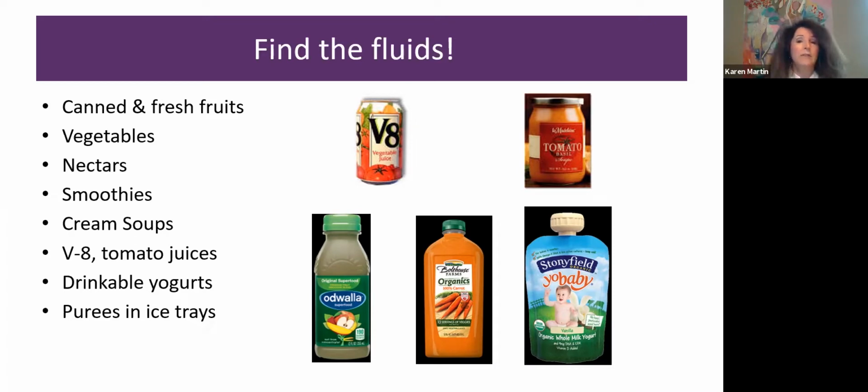Even if you aren't able to drink water as easily, water, again, that really fast rush is one of the hardest things to get in. But these are other places to get your fluids, from fruit nectars, like an apricot nectar, smoothies, cream soups, V8 juice, tomato juices. Again, those are salty, so they may not quench your thirst and make you feel as satisfied.